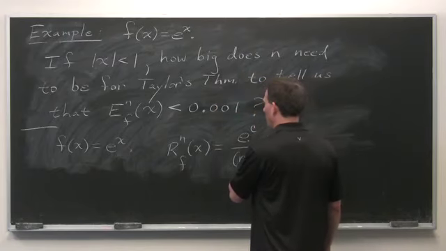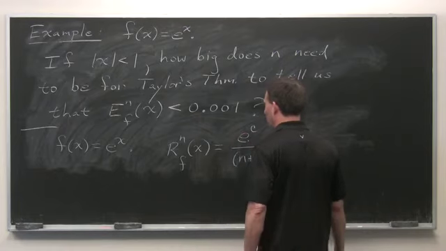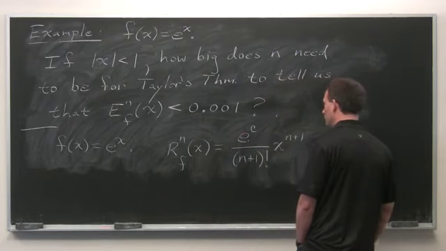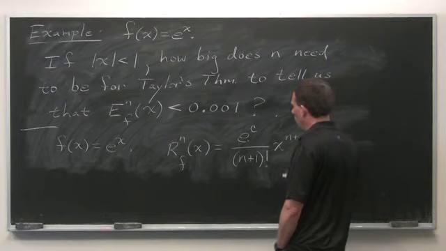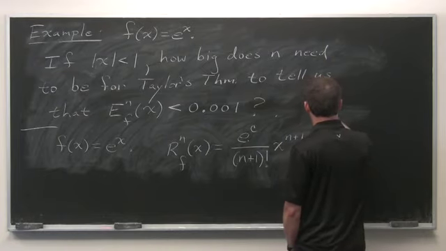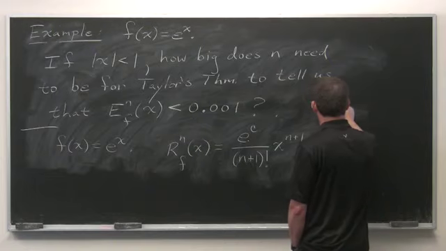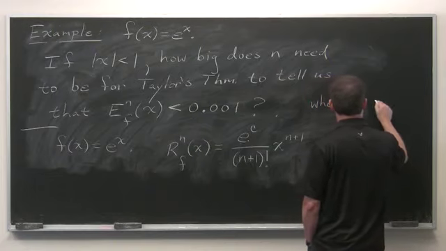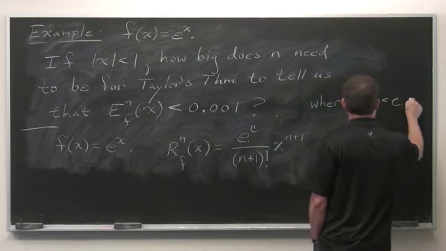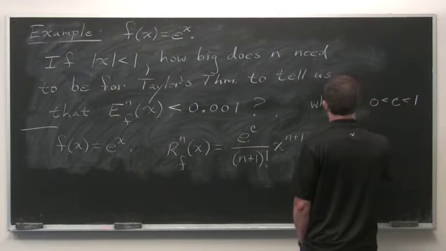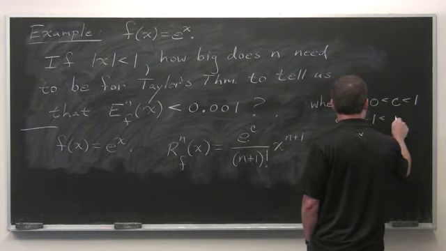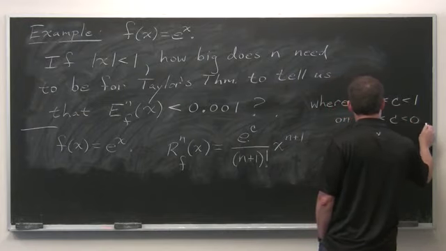So we don't have to worry about x not being equal to 0. We're getting that the remainder term is this, where either 0 is less than c is less than 1, or minus 1 is less than c is less than 0.